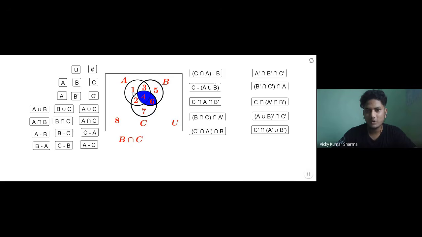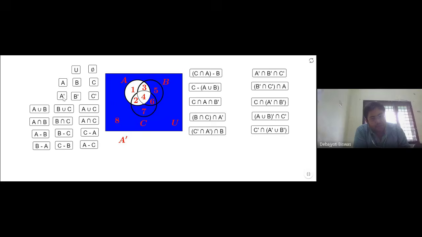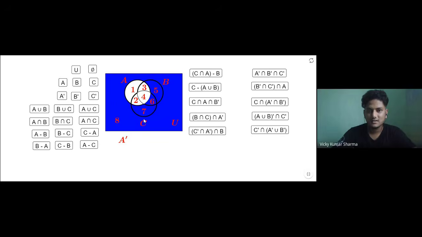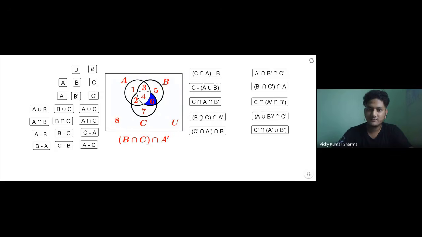Now what is my A complement? A complement will be this part. So when I take those two operations, A complement and B intersection C, I'll be left with just 6. Similarly, the rest of the operations can be understood in a similar manner.